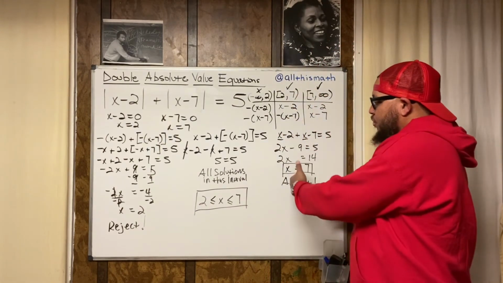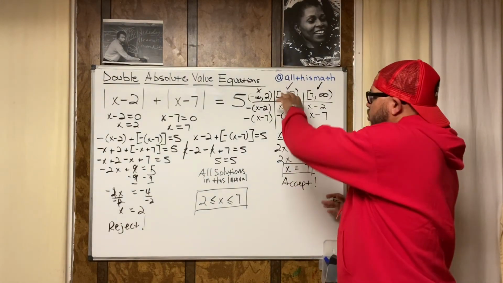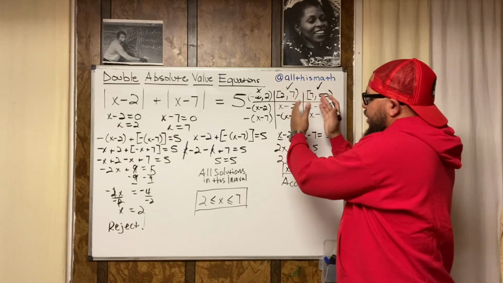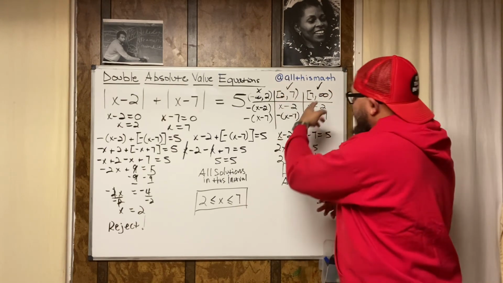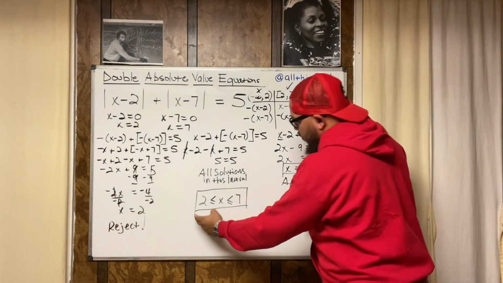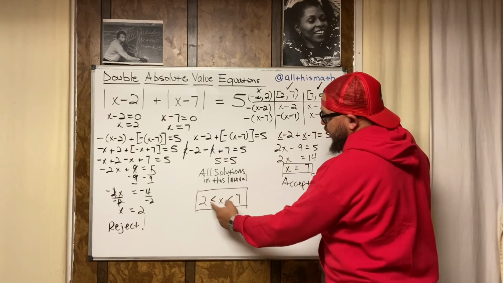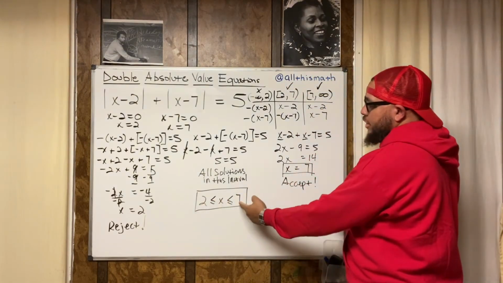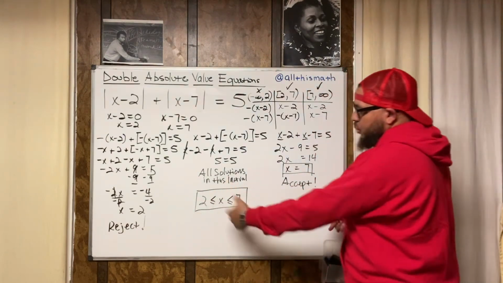But we just proved that 7 is, in fact, a solution. So when we combine the answers, basically, we say, okay, in this interval, 7 is not included. But then over here in this interval, 7 is included. So when we write our answer, we could write it like this. 2 is less than or equal to x, which is less than or equal to 7. So x is 2 and 7 and everything in between.